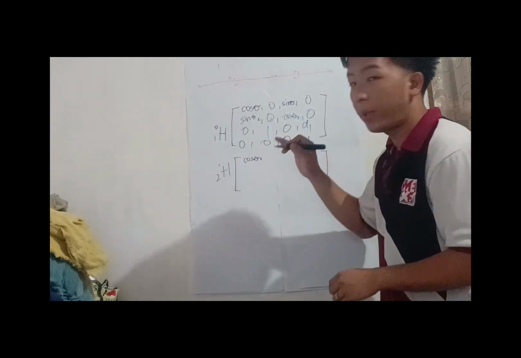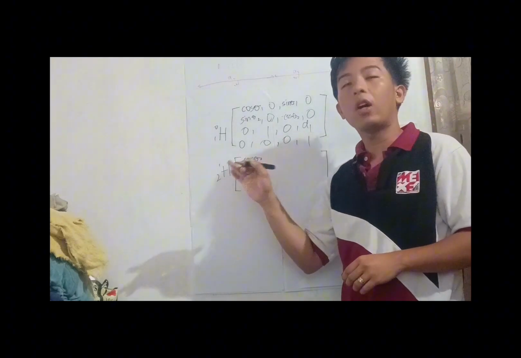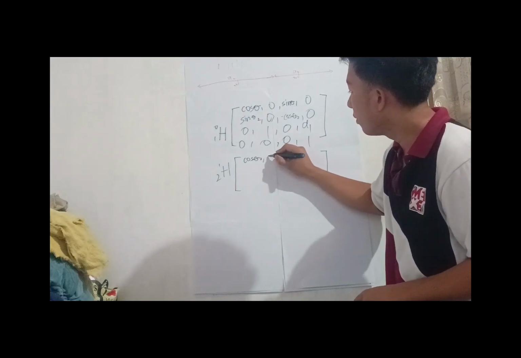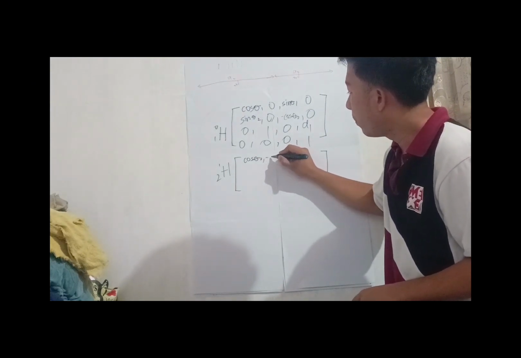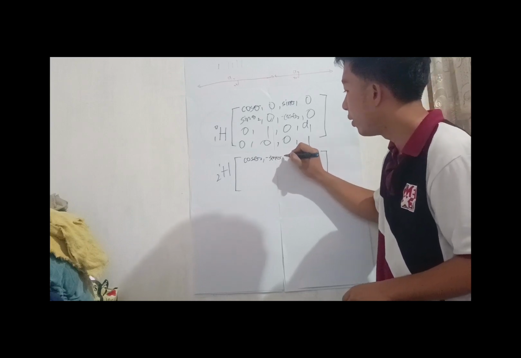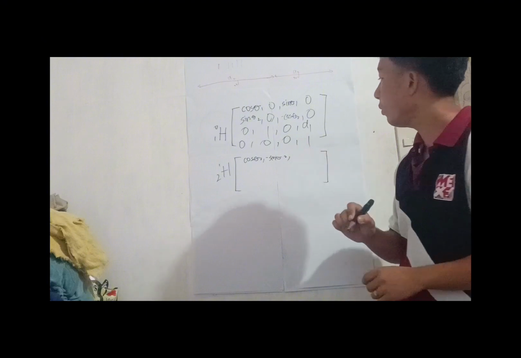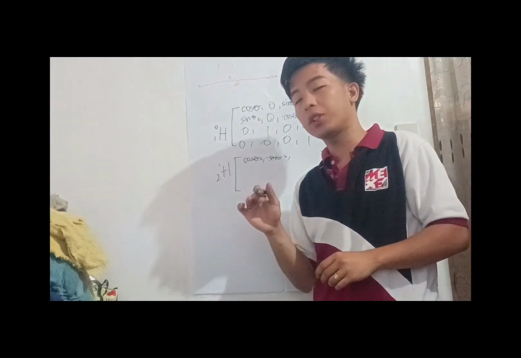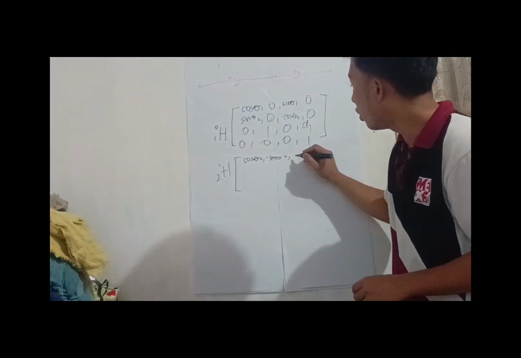This is negative because of the counterclockwise rotation, so negative sin theta 2. And the next is 0 because there's no rotation.